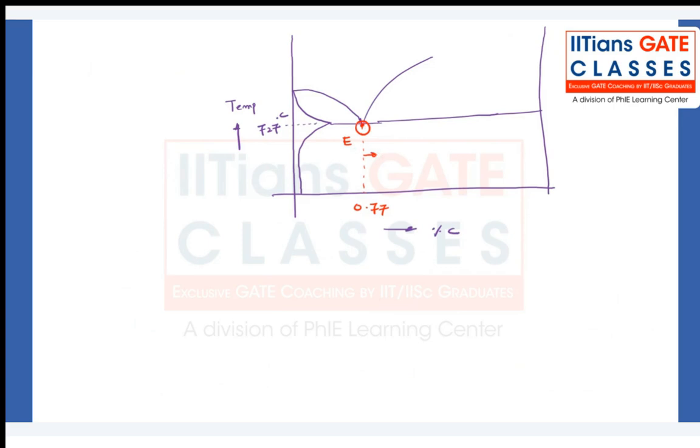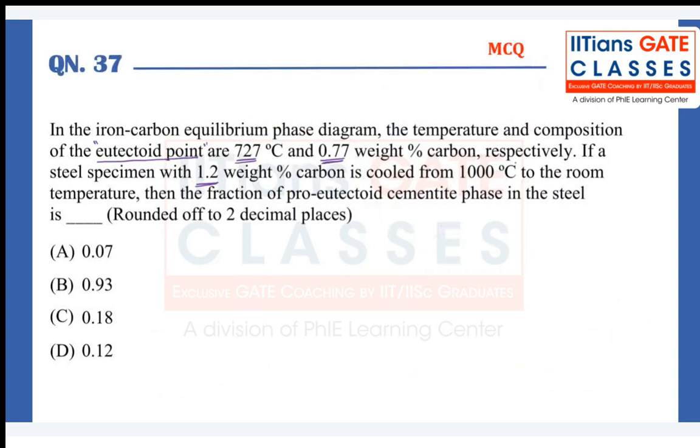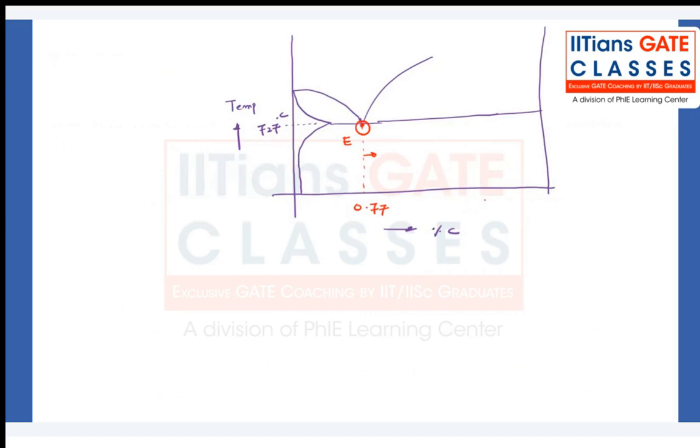Right. Now let us move on. Next, they gave that if a steel specimen of 1.2% weight of carbon is cooled from 1000 degrees centigrade to room temperature, what is the fraction of pro-eutectoid cementite? Now here, 1.2% carbon steel is going to be cooled from 1000 degrees centigrade, say somewhere here. Now from here 1.2% carbon steel is going to be cooled.